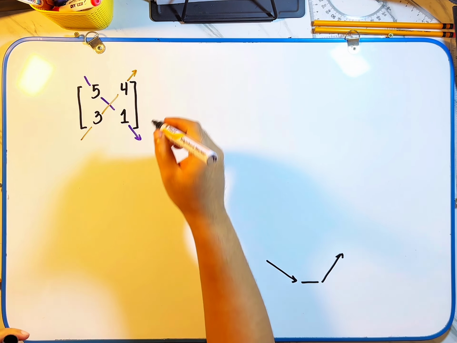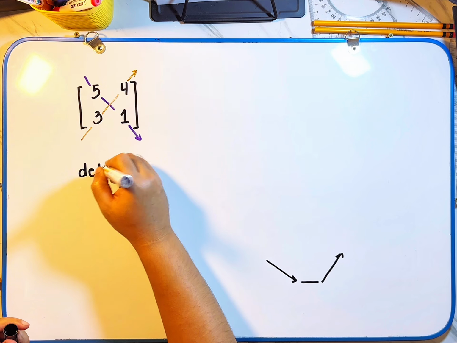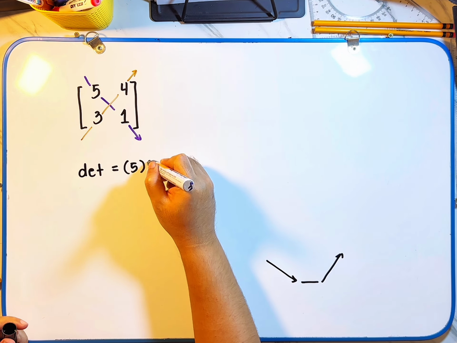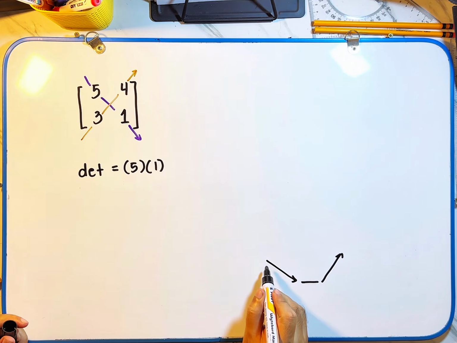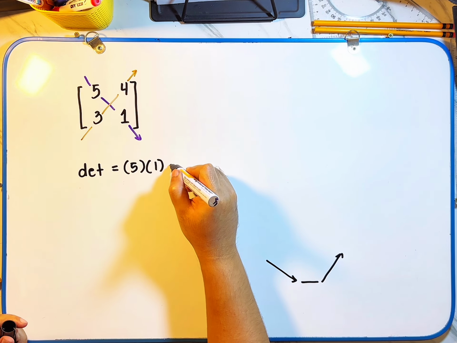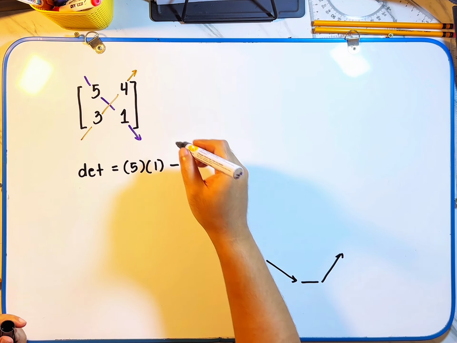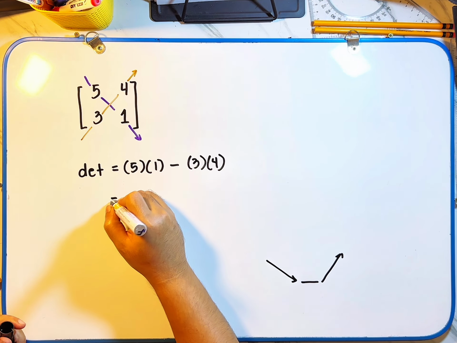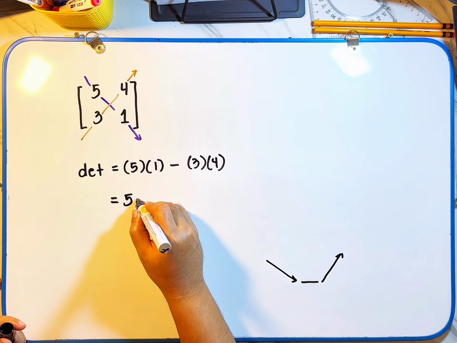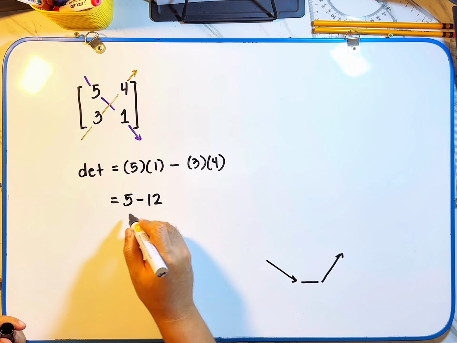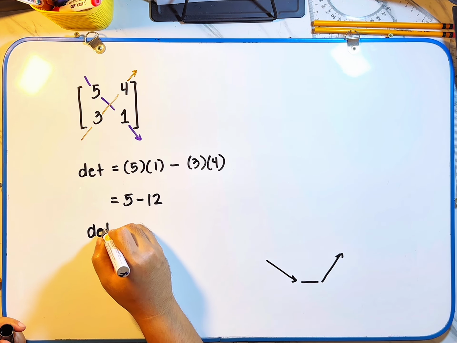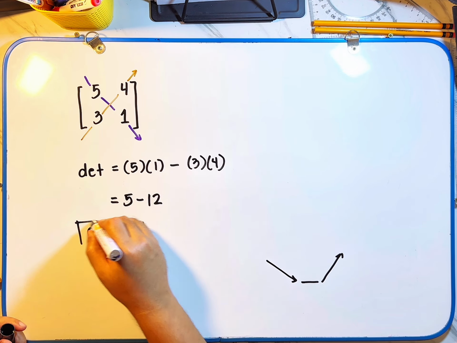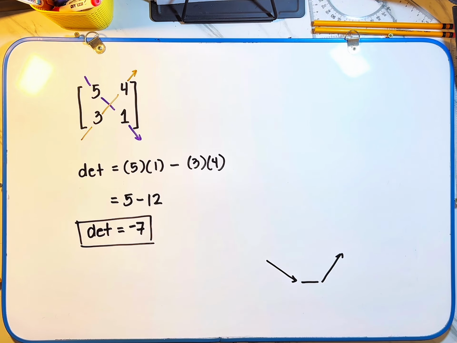So, the determinant of this matrix is equal to 5 times 1 minus, multiply diagonally upwards, 3 times 4. Let's solve. 5 times 1 is 5. 3 times 4 is 12. And 5 minus 12 is equal to negative 7. Therefore, the determinant is negative 7.